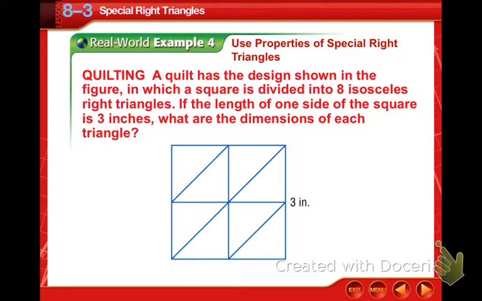So, first off, let's break down what we just read. So we know that these are 8 isosceles triangles. Isosceles means that 2 of the legs are the same. So each of these triangles is a 45, 45, 90 triangle. And each of these marks I'm making are showing you all the equal sides. So all those are the same.